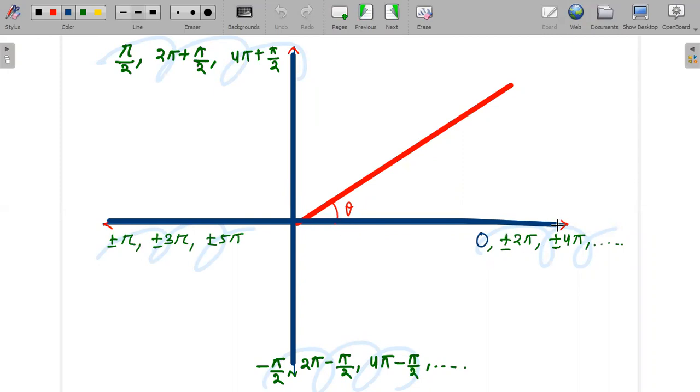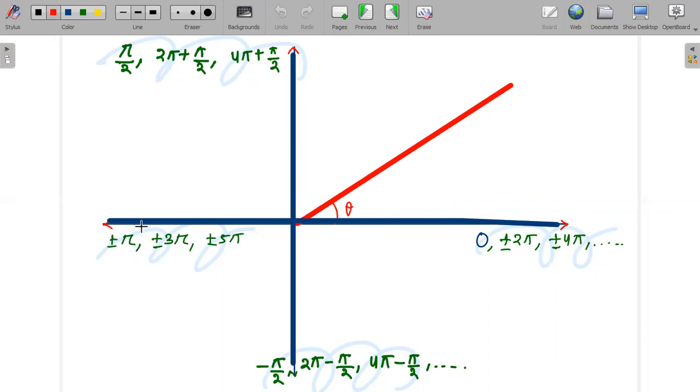So if we are on the positive x-axis, then we'll get angles like 0, 2 pi, 4 pi, plus or minus 2 pi, plus or minus 4 pi, plus or minus 6 pi, and so on. A positive sign indicates that we measure the angle in the anti-clockwise sense, whereas a negative sign indicates that we measure the angle in the clockwise direction.